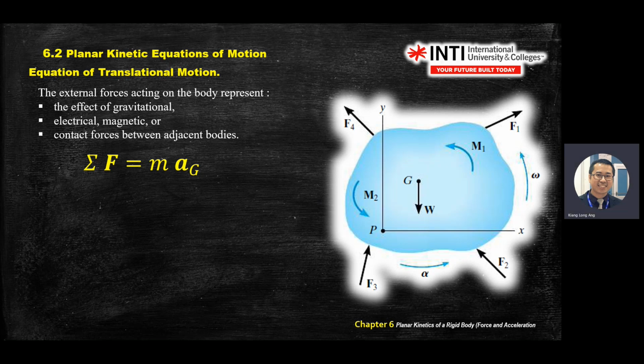If you recall, in chapters 1, 2, 3, 4, in your kinematic diagram you just drew A and V like that. In chapter 6, rigid body, if you still draw like this, it is wrong. You need to draw like this, A_G.